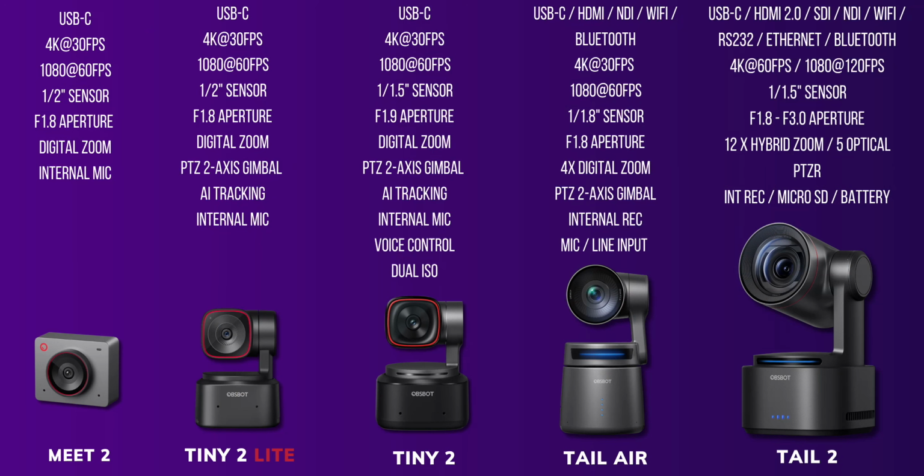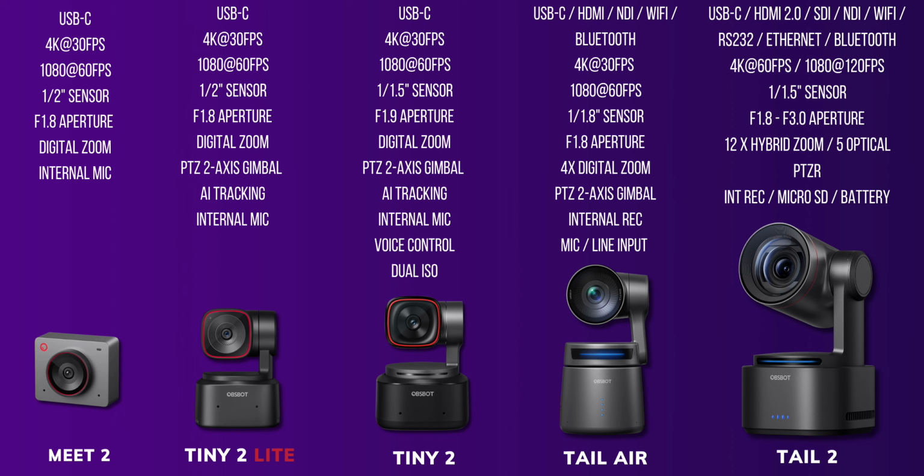Now let's just go back and quickly look at the specs. You can see that as the cameras start to increment in price, you do get a lot more features. As I mentioned, all of them feature some form of tracking. Even the Meet 2 has a digital zoom and some form of tracking, or at least auto framing, similar to what you get in some of the Apple systems.